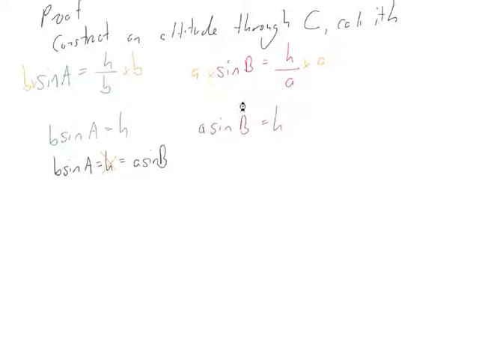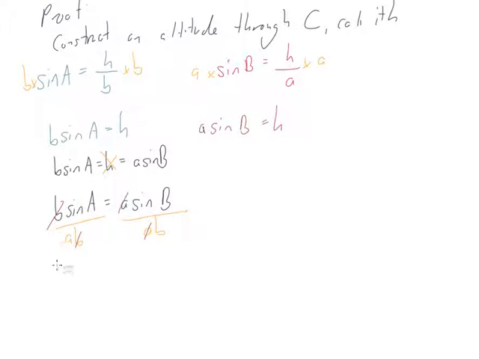So in this statement, I have that B sine A equals A sine B. And I'm going to divide both sides by AB. Doing that, I get cancellation: B there, A here, A here.